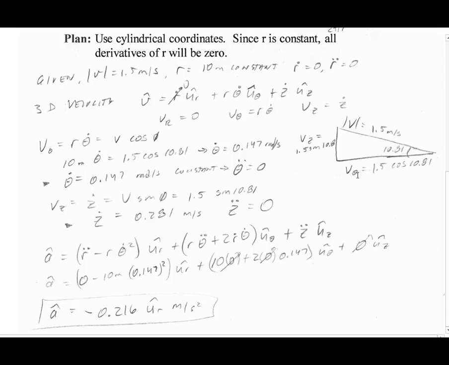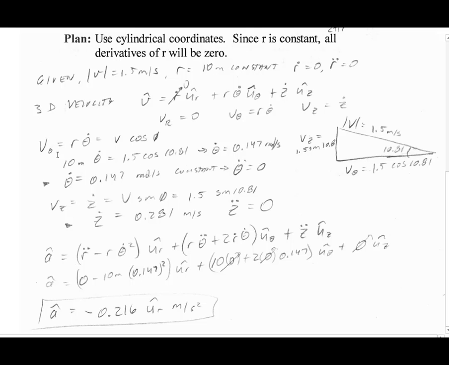Our velocity in the transverse direction, or the theta direction, is going to be our velocity times cosine of 10.81 degrees. Now if our velocity were a function, we could still find v theta and vz by taking the cosine and sine of the components of that velocity. It gets more complex if the velocity in the radius is changing, then we need some functions here.